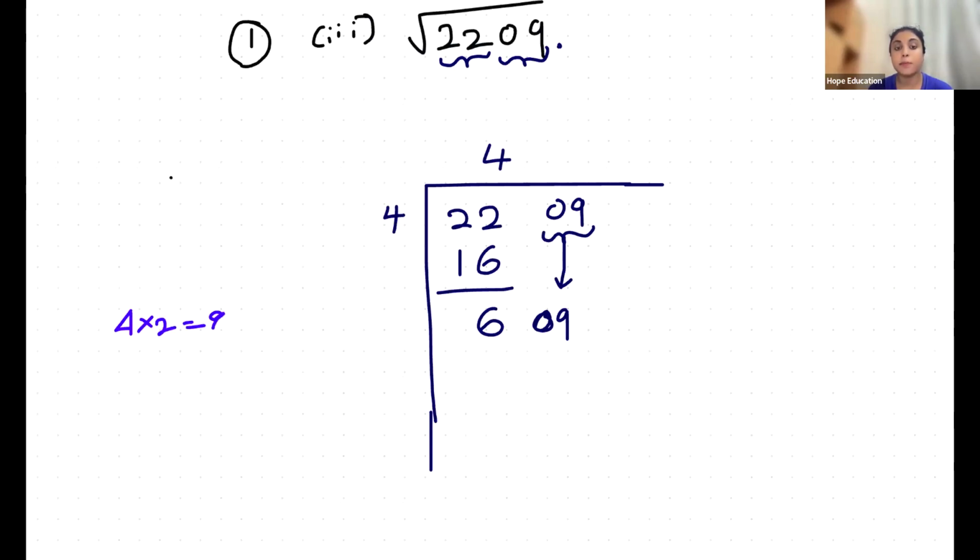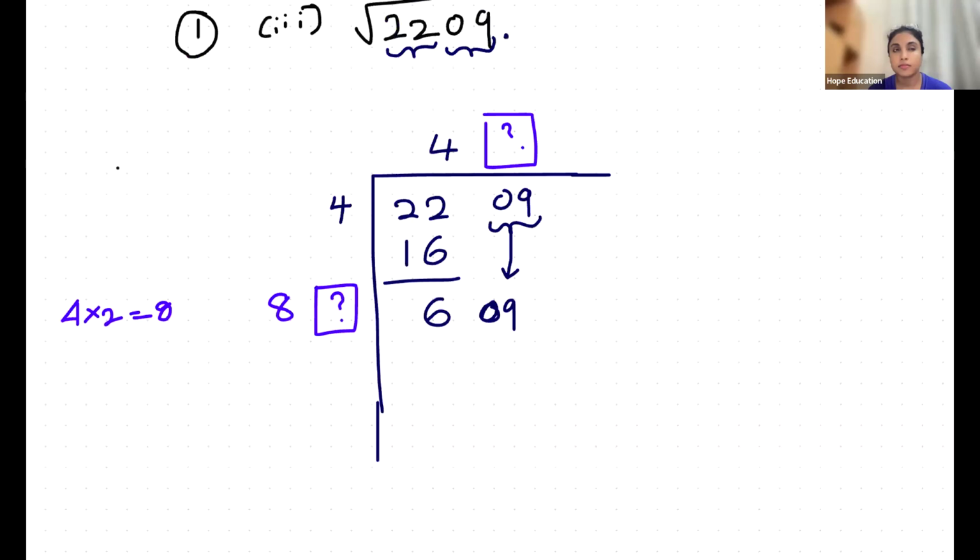So I will put 8 here, and whatever number I put here should come here as well. What is the number that comes here? 0? Okay. 7. 7.